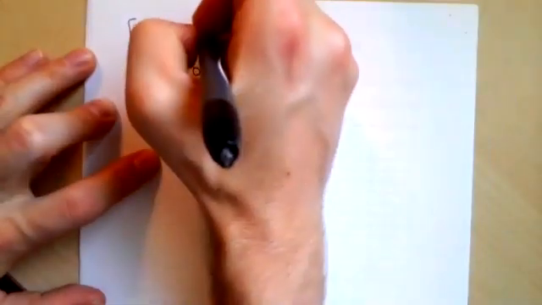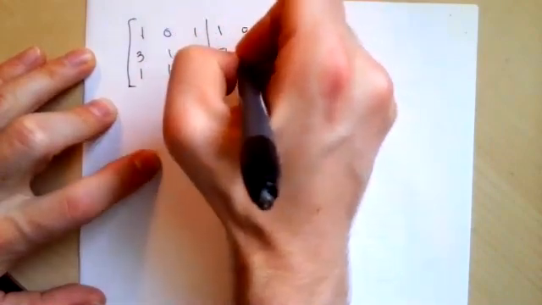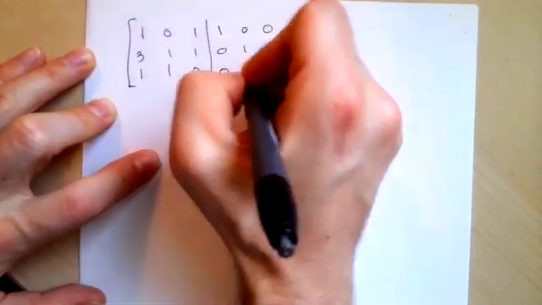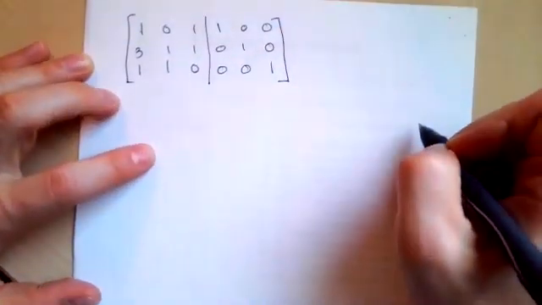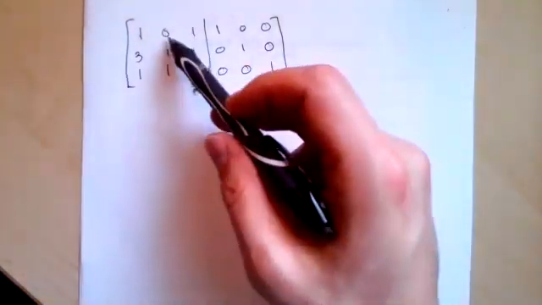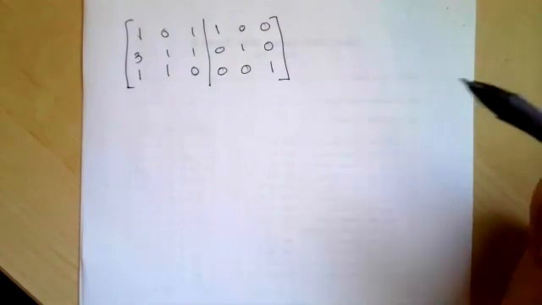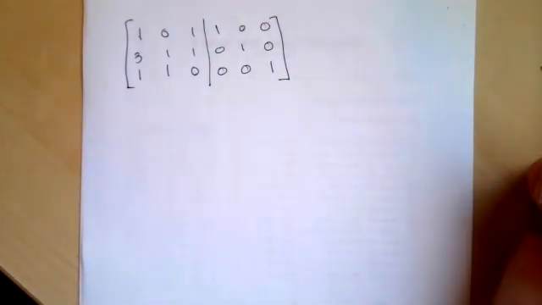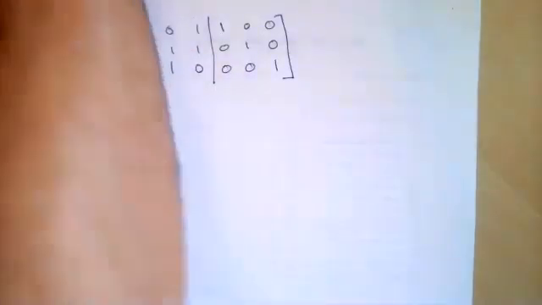And since we're computing an inverse, we want to put an identity matrix on the right. And now what we are going to do is to row reduce this guy. And then the remaining matrix is going to be our inverse. So computing inverses of matrices, always a pain. Make sure you guys are familiar with this process.